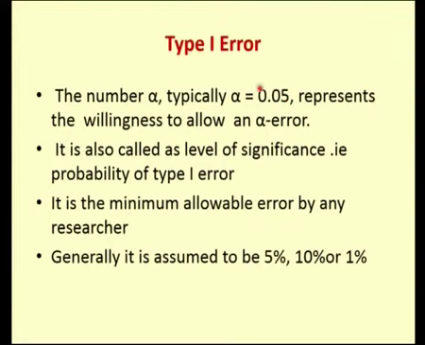So, if you are dealing with any hypothesis, 5% is the globally accepted error to be allowed, so that 95% of the time the test statistic you are carrying will lead to a correct decision. It is a minimum allowable error for any researcher. Generally, as I told you, 5%, 10% or 1%. So, based on your calculated value you can see your percentage of error, and you can see how significant your sample values are.